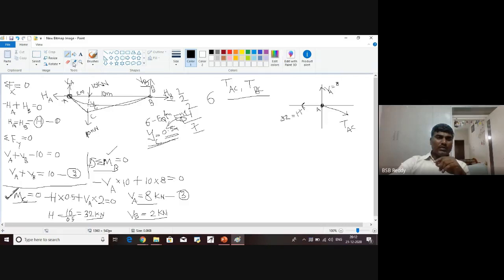In fact, the length of the arrow: if this is 8, this is 32, which should be 4 times. 8 fours are 32. So this will be the resultant.